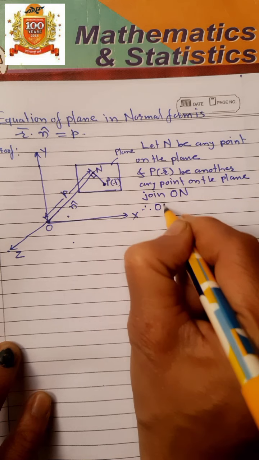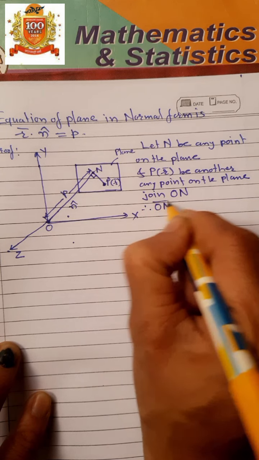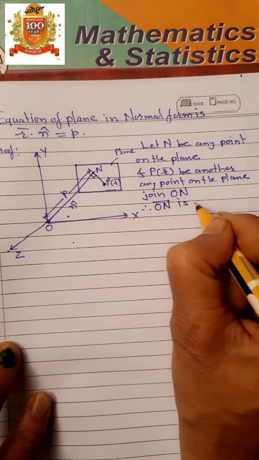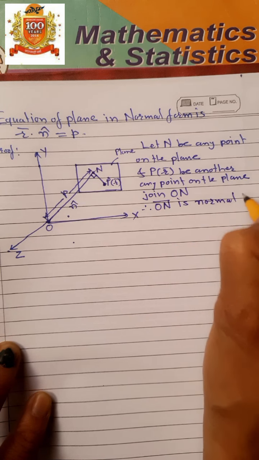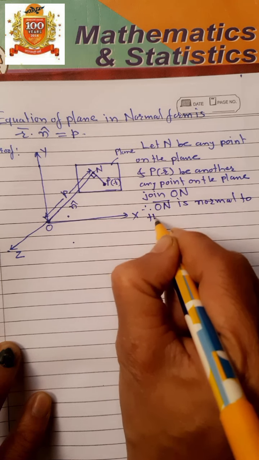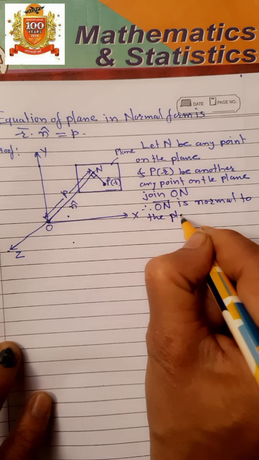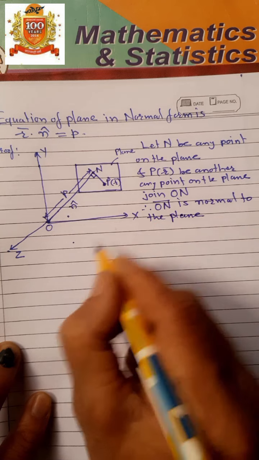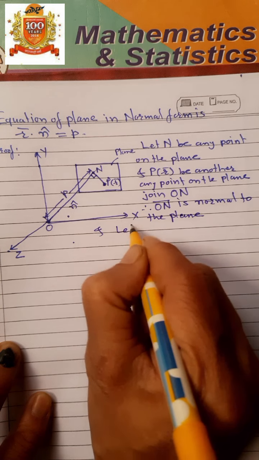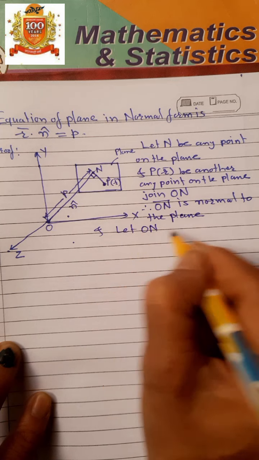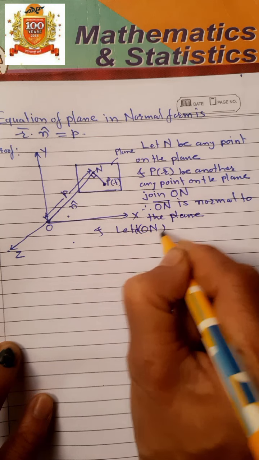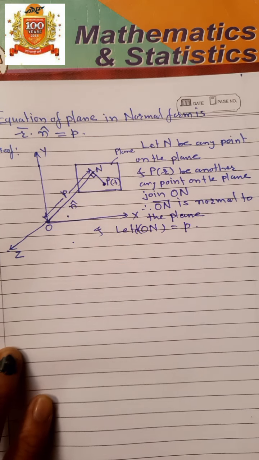Therefore, ON bar is normal to the plane, and let distance ON be equal to p.